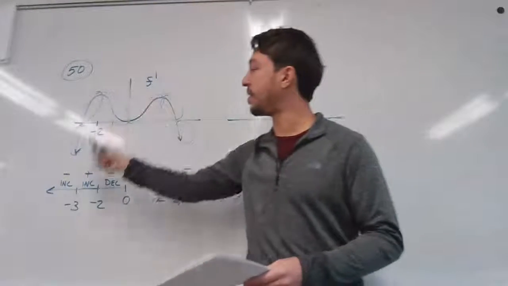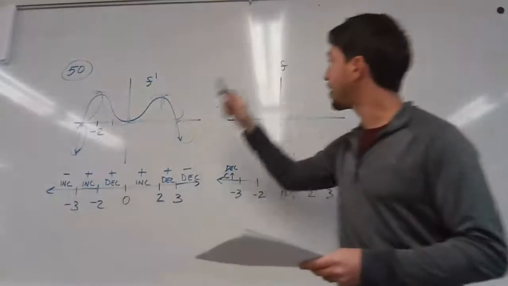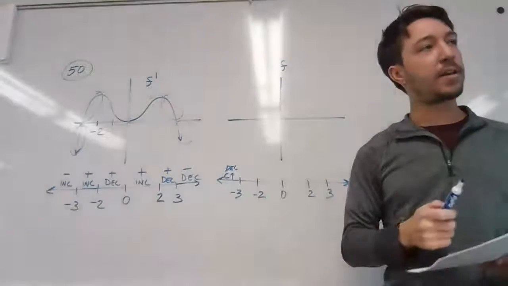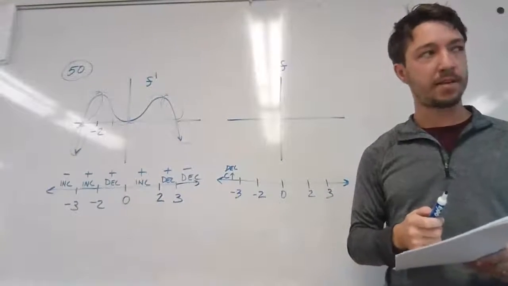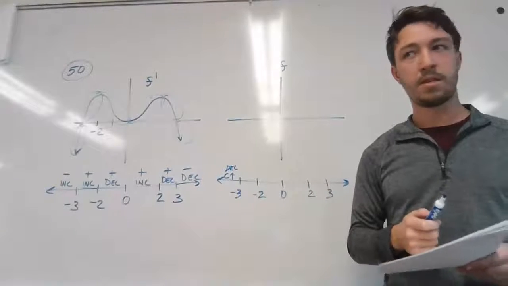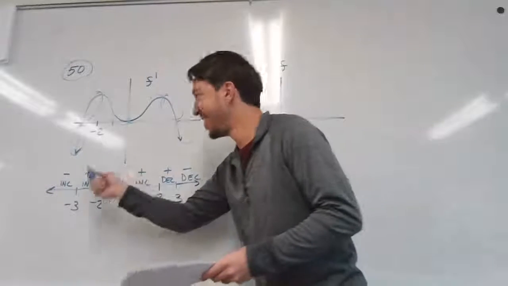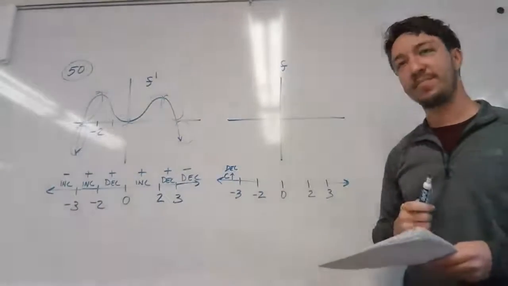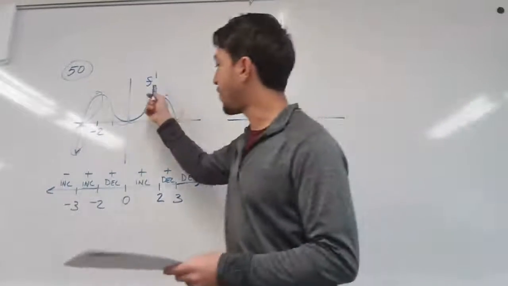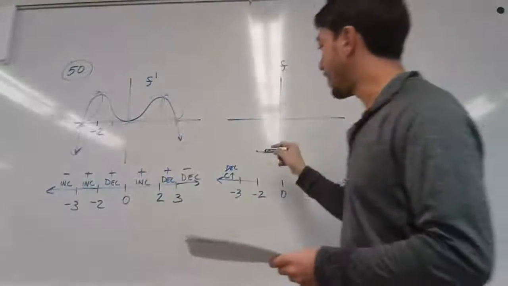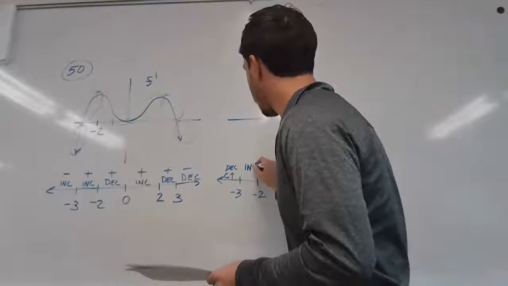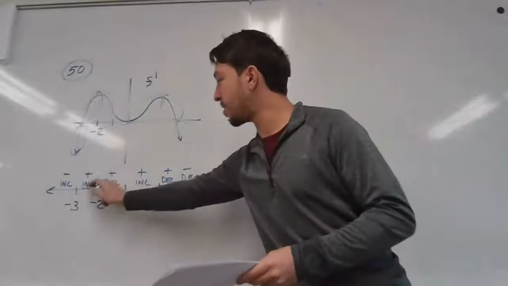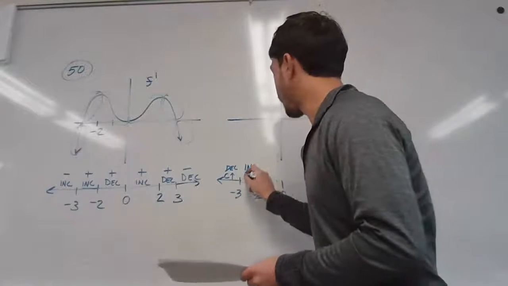If f prime is increasing, then f is concave up. One more time. If f prime is increasing, f is concave up. Okay. If f prime is positive, f is increasing. If f prime is increasing, f is concave up.